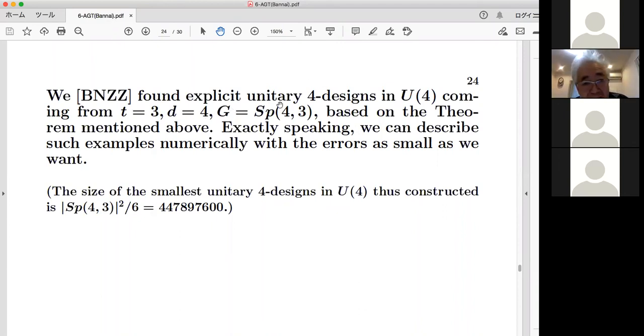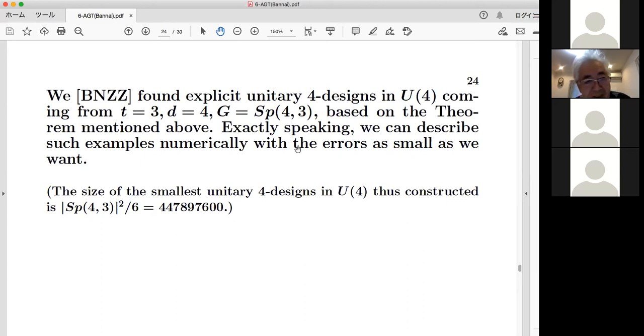We had a unitary 3 group, and this unitary 3 group satisfies the previous condition. So based on the previous theorem, we can explicitly construct unitary 4 designs in U of 4. The meaning of explicit construction is we can describe such examples numerically with errors as small as we want.